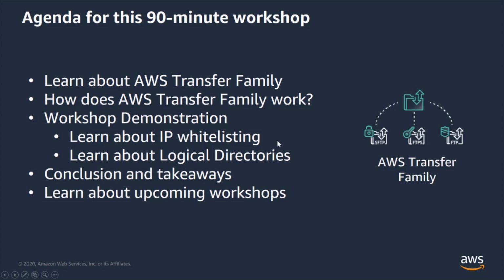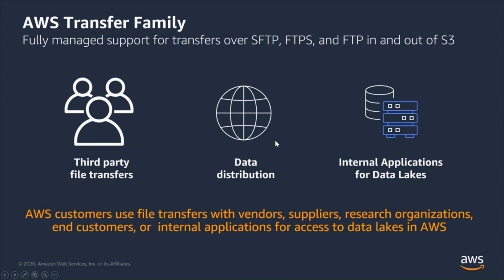So what is AWS Transfer Family? Well, ultimately, AWS Transfer Family allows you to use a fully managed and fully supported service that uses SFTP, FTPS, and FTP in order to get data in and out of Amazon S3.